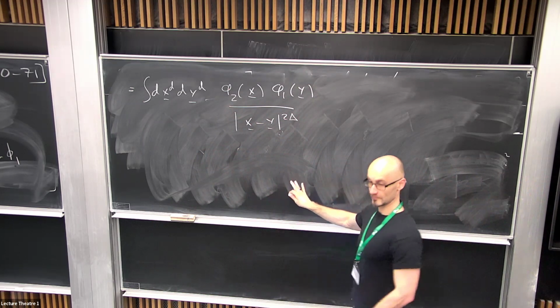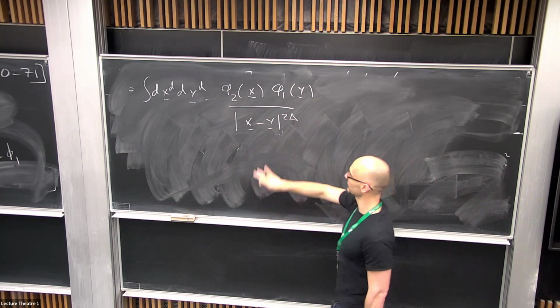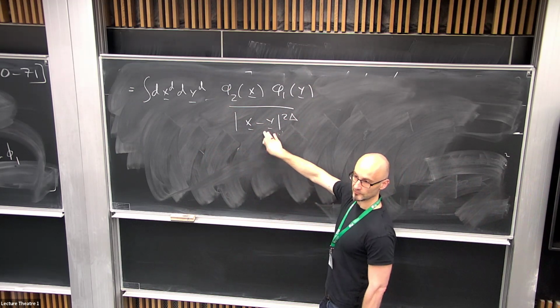All that stuff, which I just rubbed off the board inconveniently, all the R stuff in the denominator goes away, of course, and what's left is the correlator.